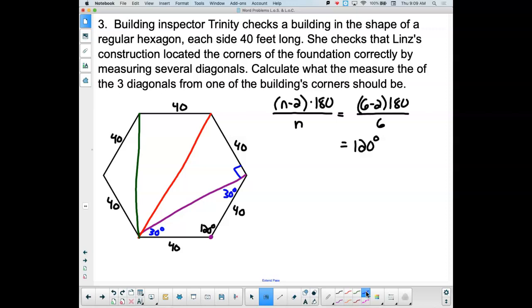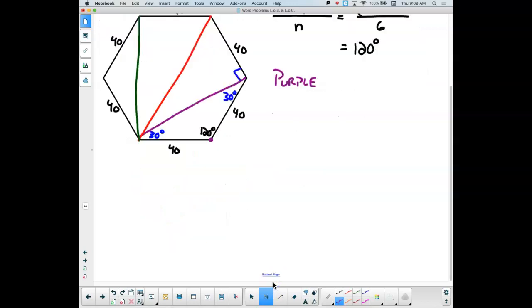What can I use to get purple? Law of cosines. Okay. So if I just use law of cosines down here, let's call this x. Then x squared is going to equal 40 squared plus 40 squared minus 2 times 40 times 40 times the cosine of 120.